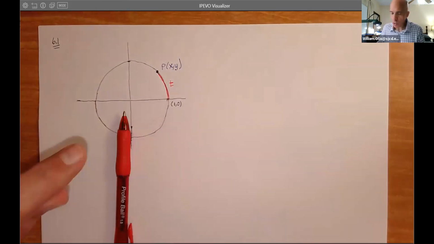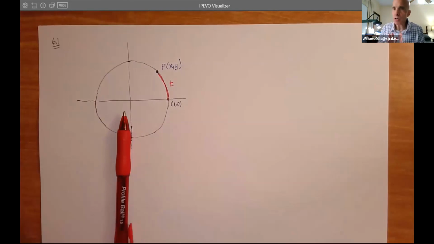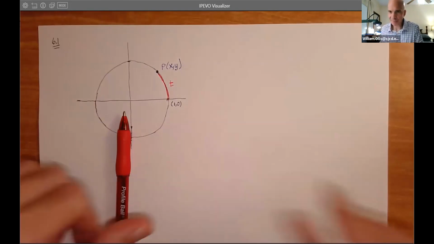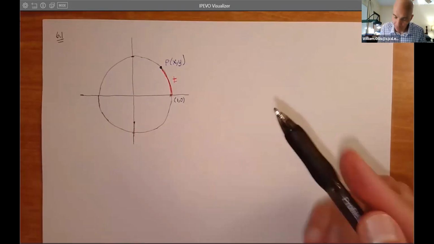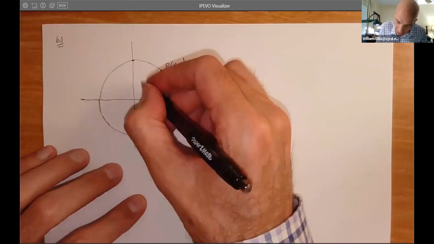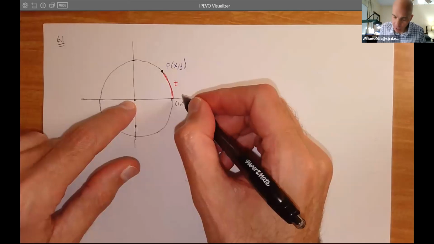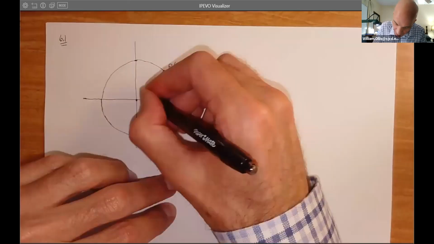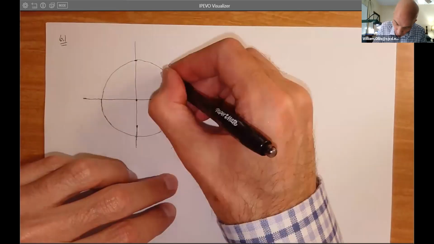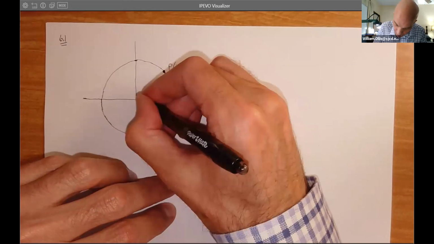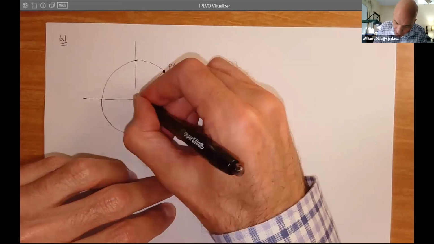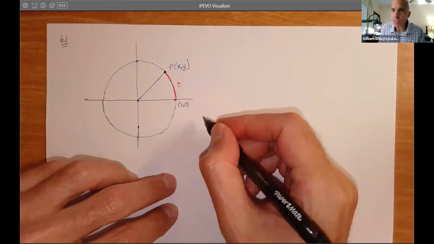Now what we want to do is introduce another abstraction. It's called an angle. So we're going to start at the origin and construct a segment that connects the origin to the point P. Basically we're drawing another radius of the circle.